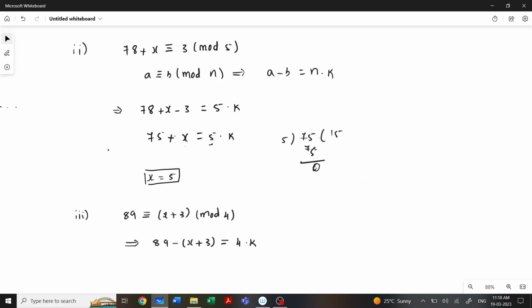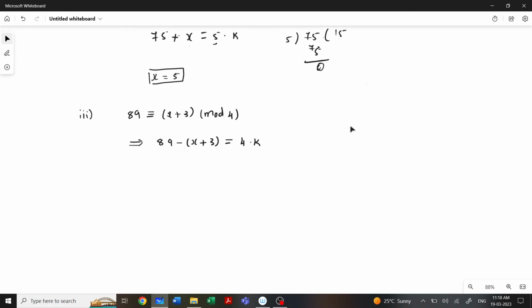So 89 minus x minus 3 is equal to 4 times k, or 89 minus 3, that is 86, minus x is equal to 4 times k.